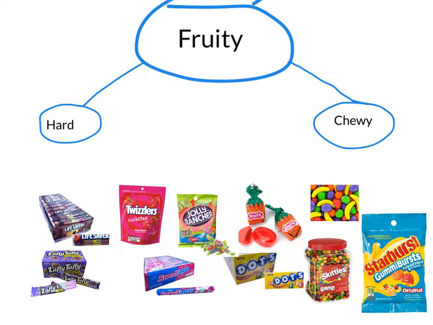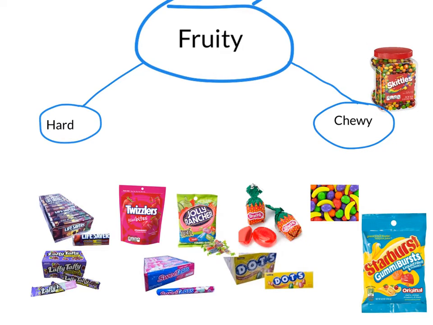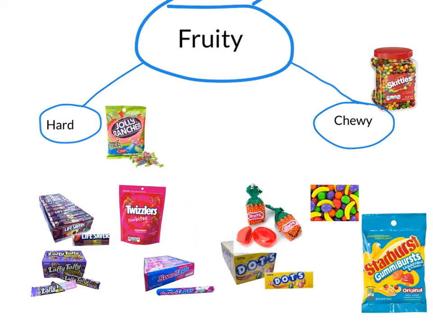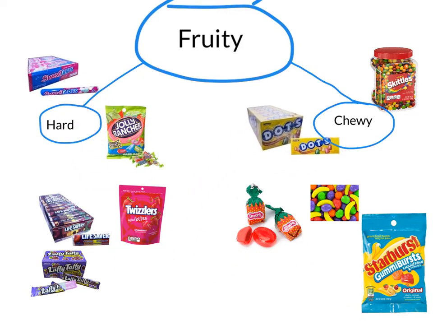So now that I have more specific categories, I can begin to sort these candies into the classifications that work for them. For example, I would say that Skittles are chewy and Jolly Ranchers are hard. I would say that Sweet Tarts are hard and Dots are chewy.